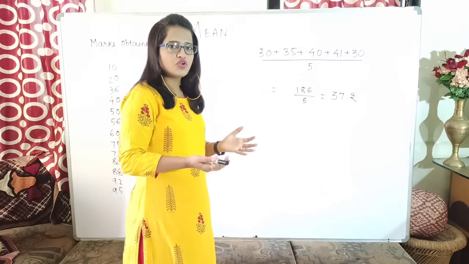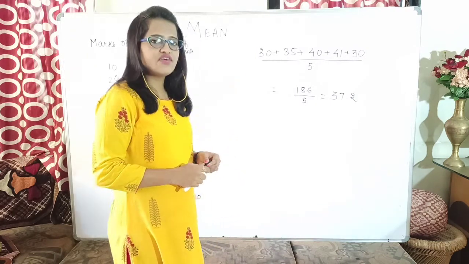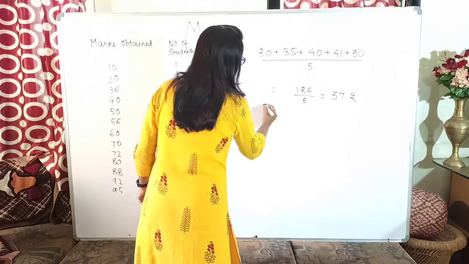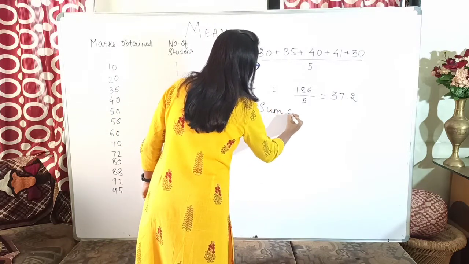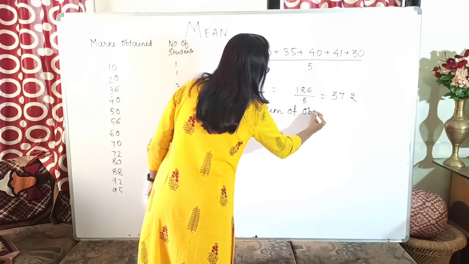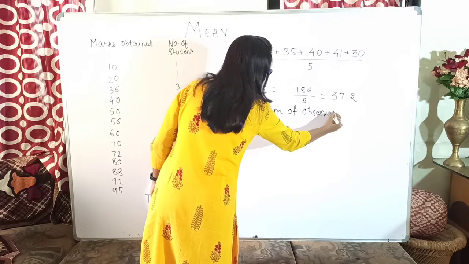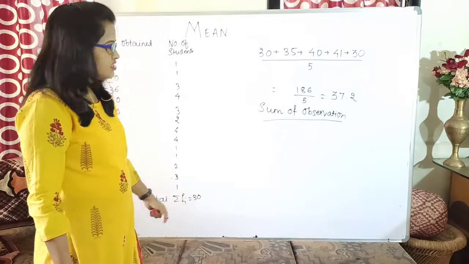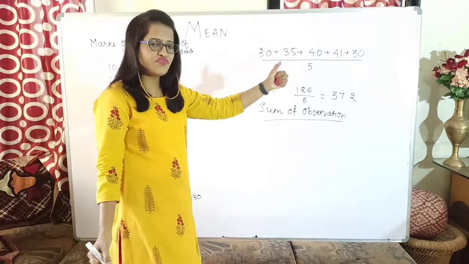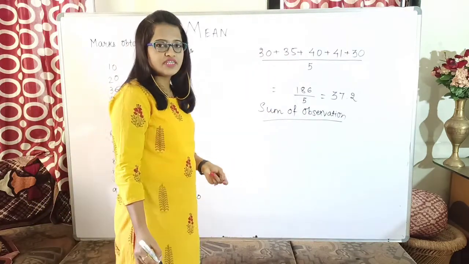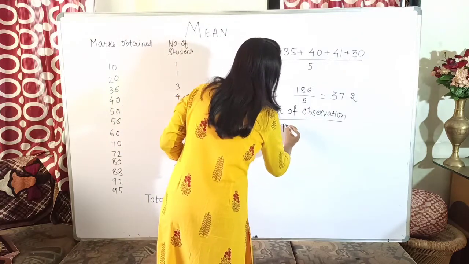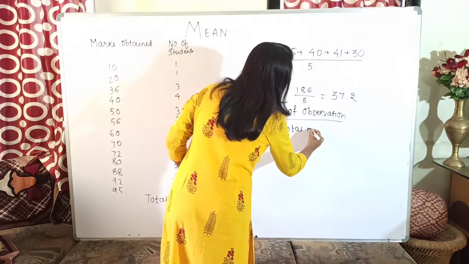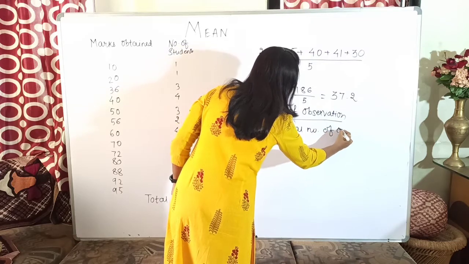So the logic is, whenever you are finding the average, you add all the observations, the sum of all the observations, and divide by how many observations there are. Here my observations were 5, hence the denominator came out to be 5. So the denominator is the total number of observations.